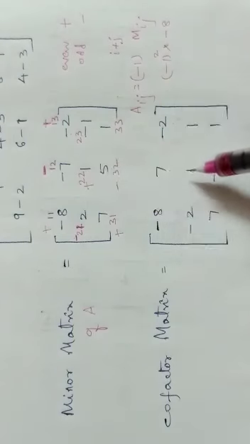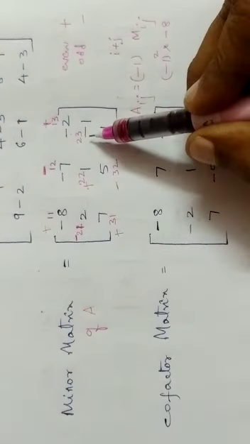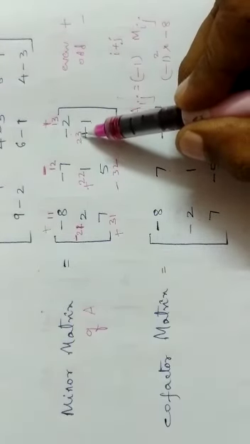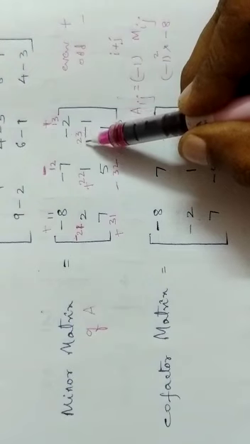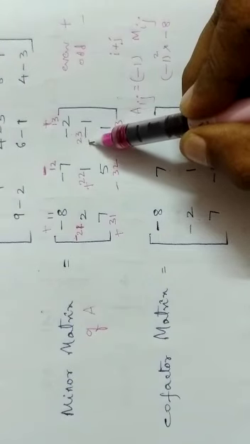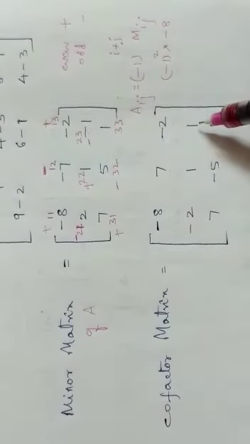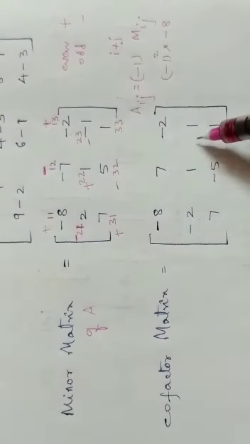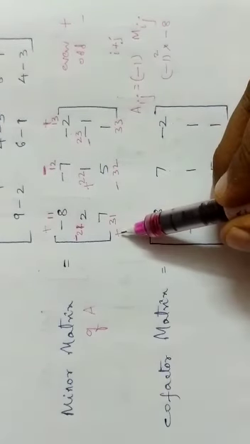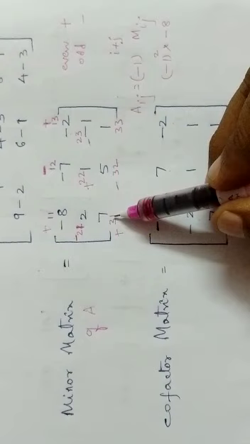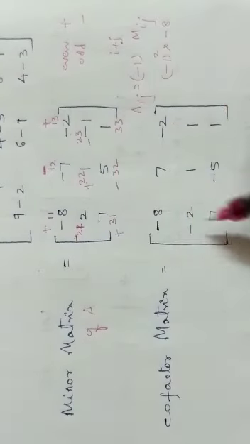Plus into 1, plus 1. 2 plus 3, 5, odd number, so minus. Minus into minus, plus, so plus 1. 3 plus 1, 4, even number, so plus. Plus into 7, 7.